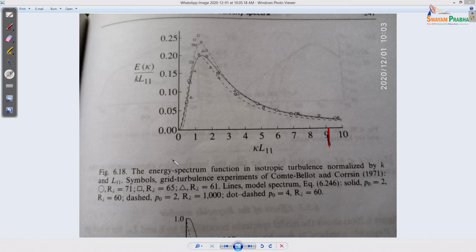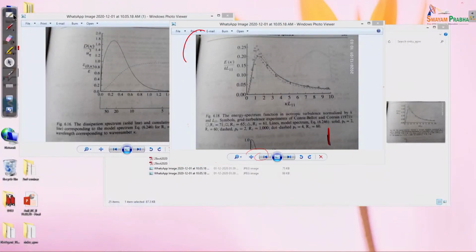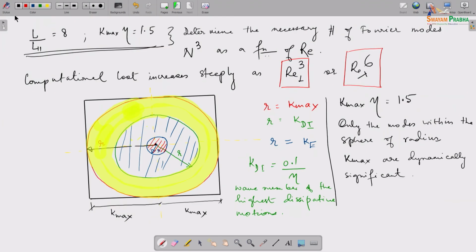We see there is a peak where the wave number is about 1.3. So, the peak of the energy spectrum is right here, at radius k e.